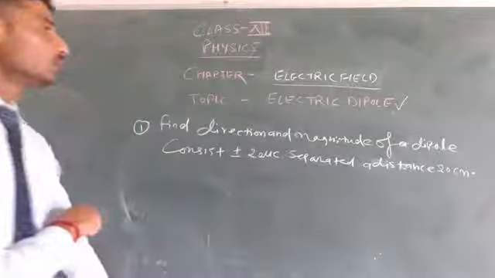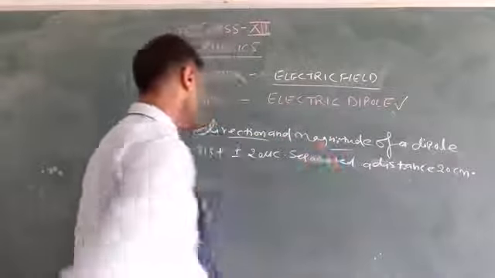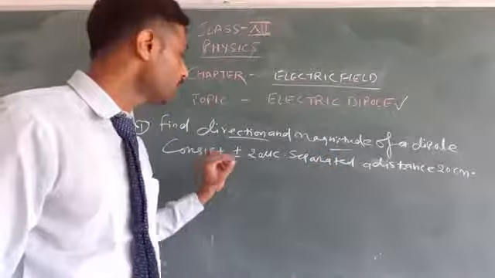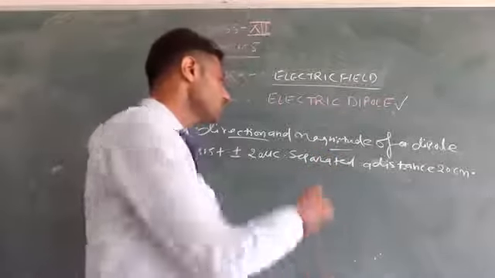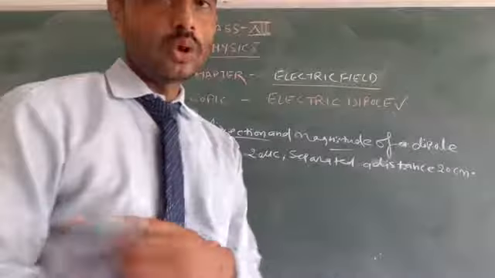Okay, so we have to find the direction and magnitude of the dipole carrying plus minus 20 microcoulomb charge separated by a distance of 20 centimeter.